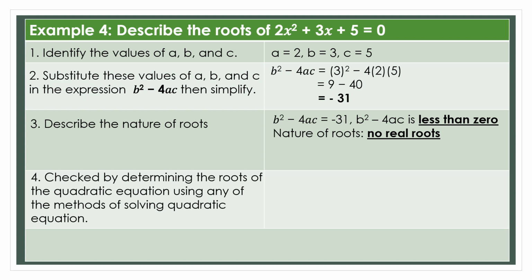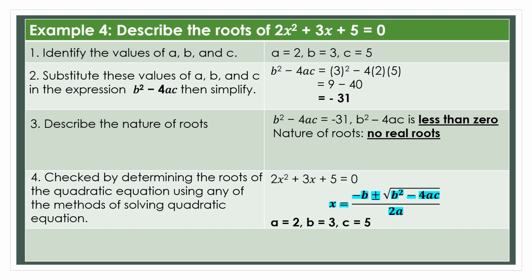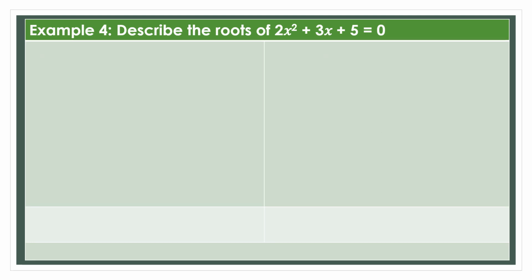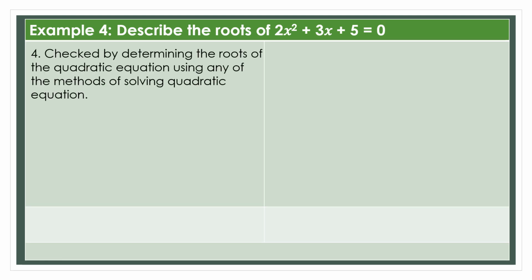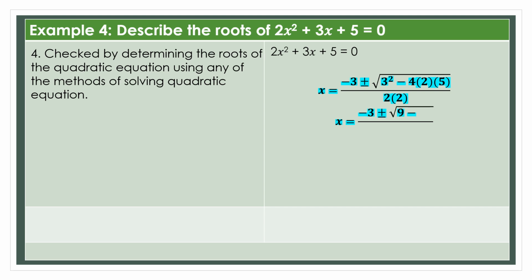To check if our answer is correct, let us use any of the methods of solving quadratic equations. In this case, I will be using the quadratic formula. Substitute the values of a, b, and c into the quadratic formula.